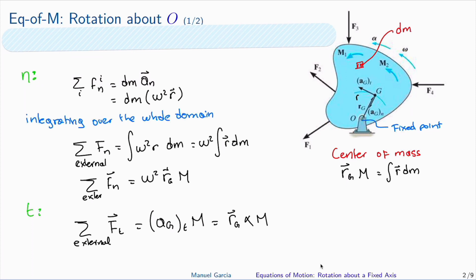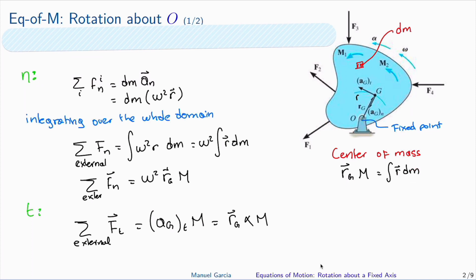So that means that we can define the center of mass. Remember that the center of mass is a point representing the mean position of the matter in a rigid body. It is like the weighted average of the position, and the weight is the mass. So the higher the mass, the higher the weight.